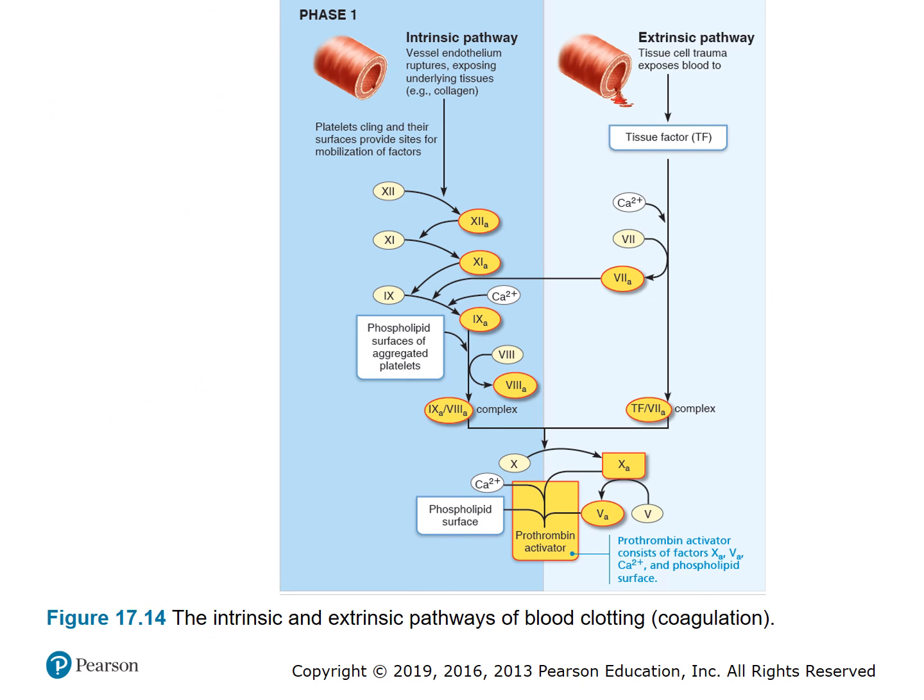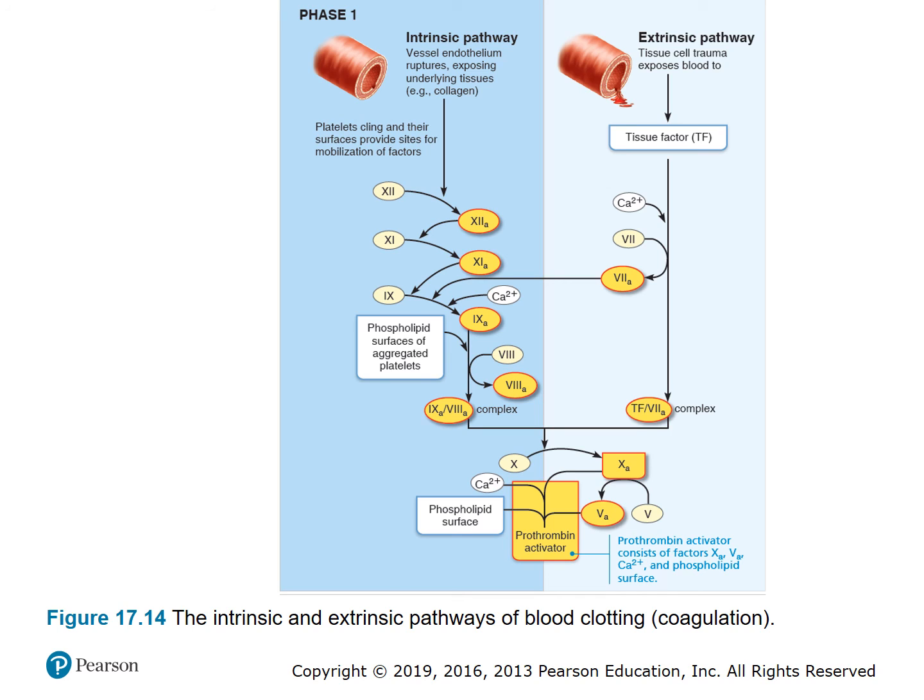Figure 17.14, the intrinsic and extrinsic pathways of blood clotting. These are in phase 1. In the intrinsic pathway, the vessel endothelium ruptures, exposing the underlying tissues like collagen. Platelets cling and their surfaces provide sites for mobilization of factors from 12. You see this cascade effect and these complexes that finally link to prothrombin activator.